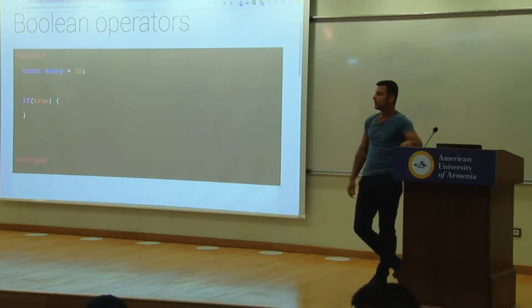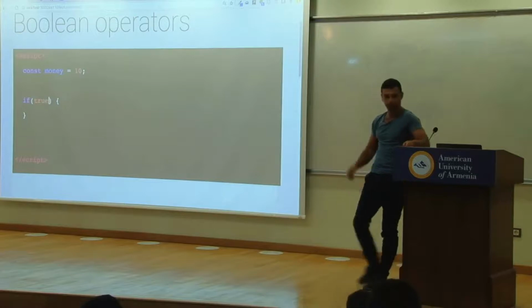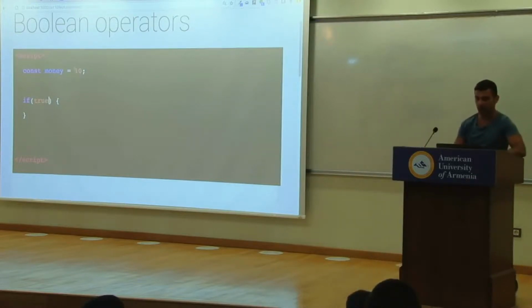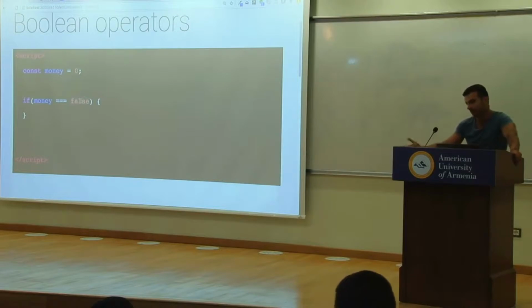So if money equals 0, we write money triple equals false. True or false? It's a very good question. So he's saying, suppose we have this, and then we want to do money triple equals false. My question to you is, is the value of money the same exact value as this? No. So that's the answer.